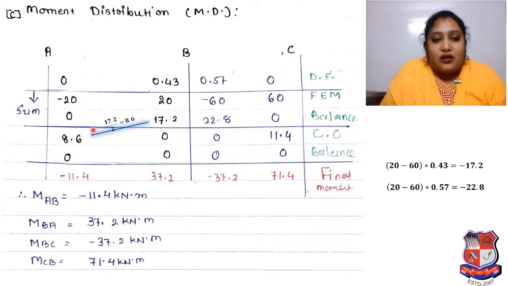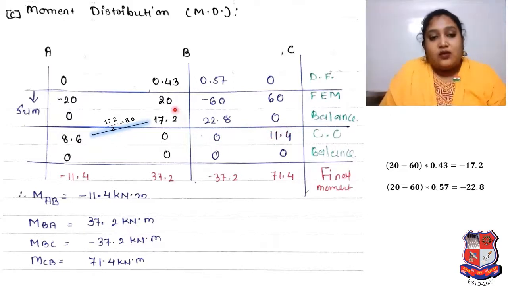Now from B to A, at the A joint, 17.2 divided by 2, so it is 8.6 will be here. In the same way 22.8 divided by 2, so 11.4 will be here.